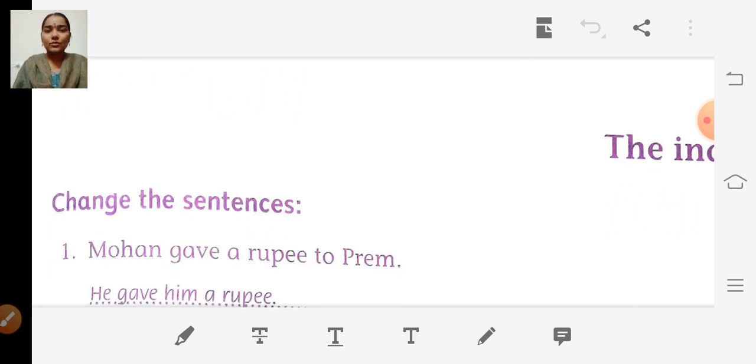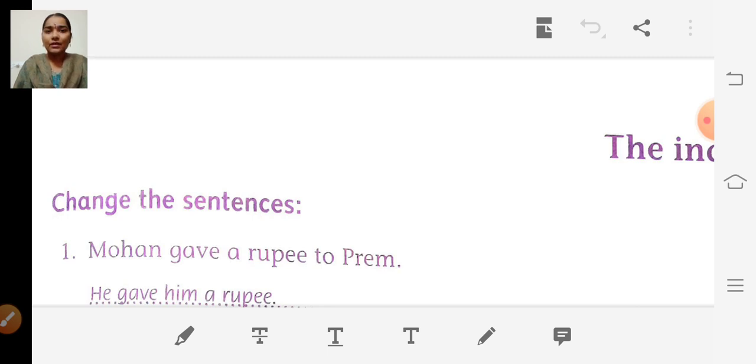In the given sentence, if the boy's name is given, then we have to rewrite it as he or him. If the girl's name is given, then we have to rewrite it as she or her. This is the indirect form.